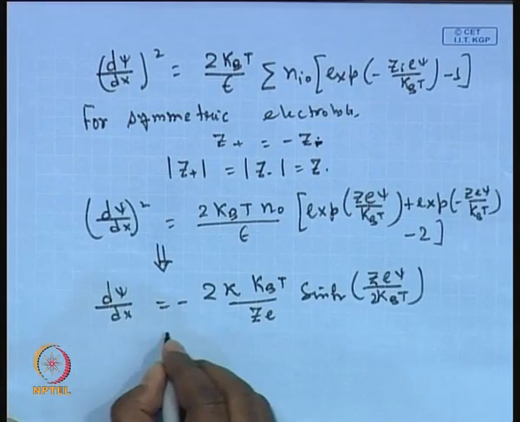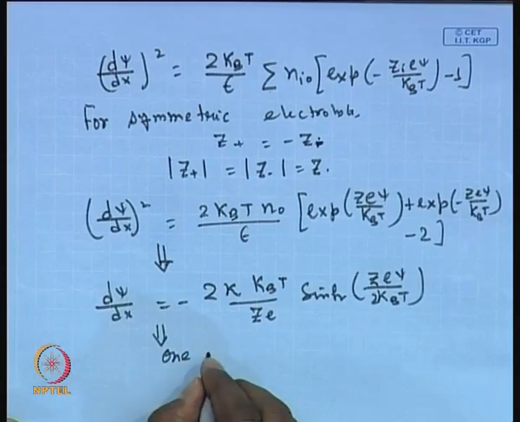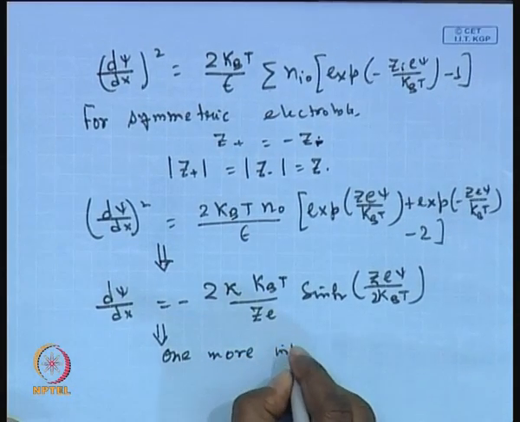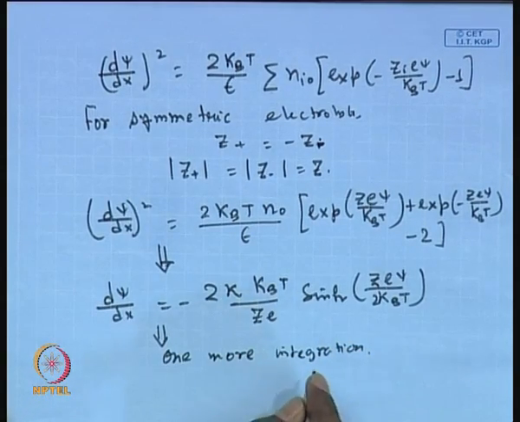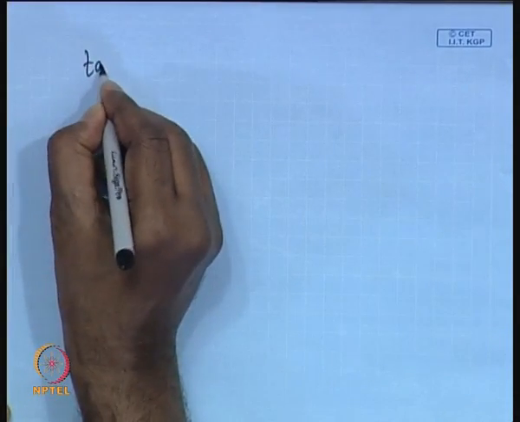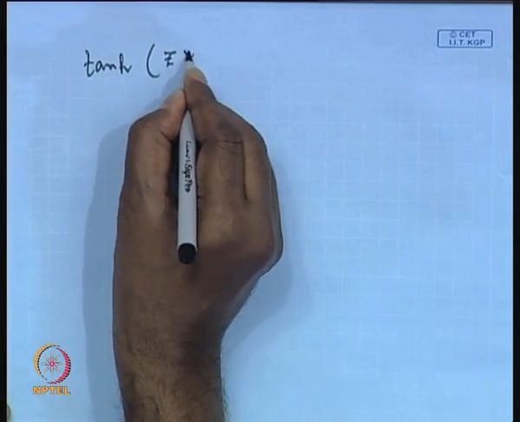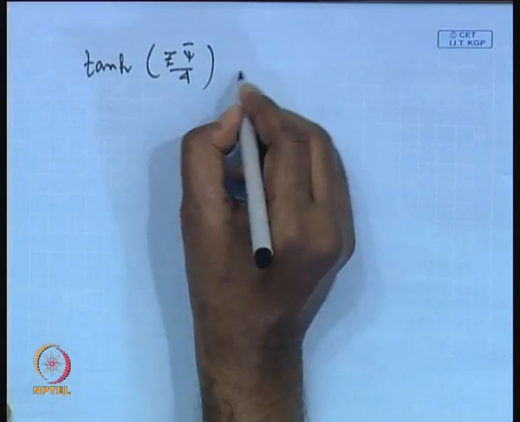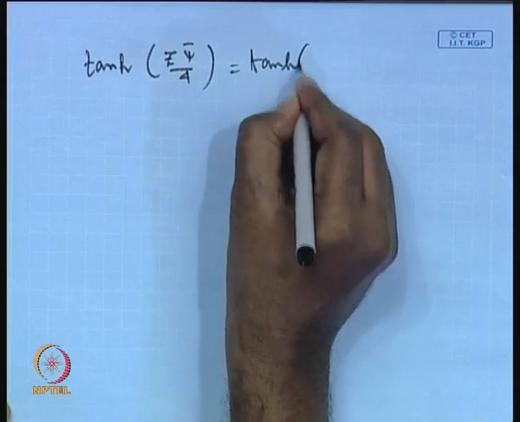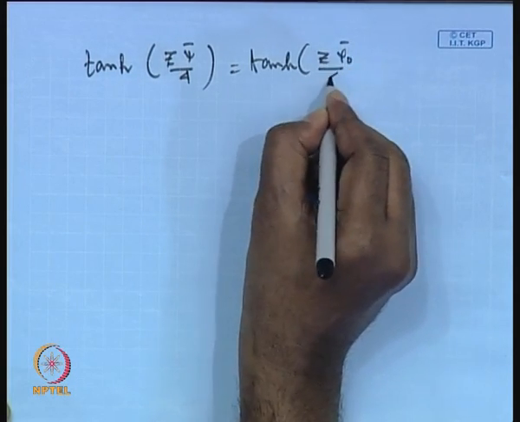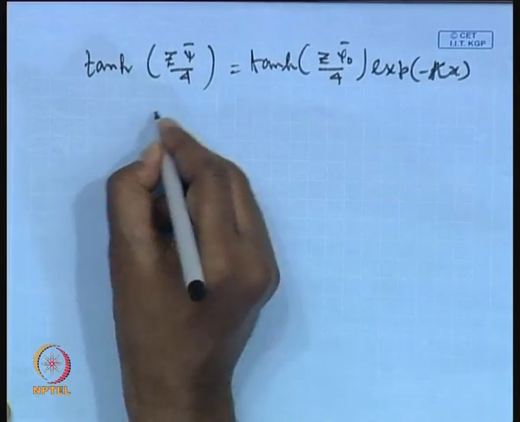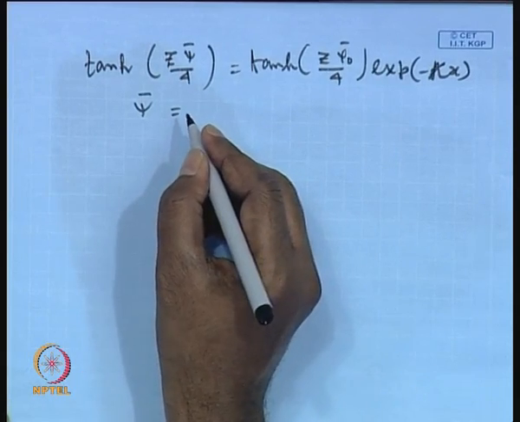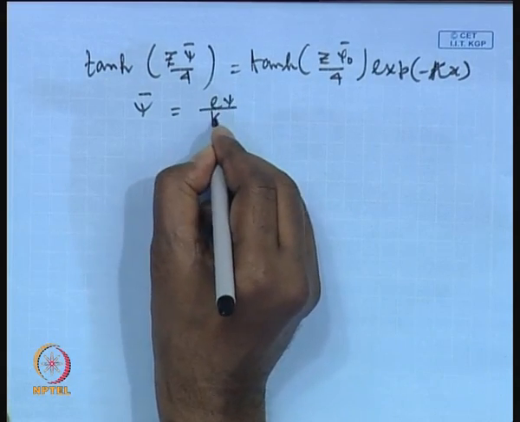So, you do one more integration, and that will be giving you the distribution as a function of x, and this becomes tanh of z psi bar by 4 is equal to tanh of z psi 0 bar by 4 times exponential minus kappa x. And what is psi bar? Psi bar is nothing but the non-dimensional psi, that is e psi over kBt.